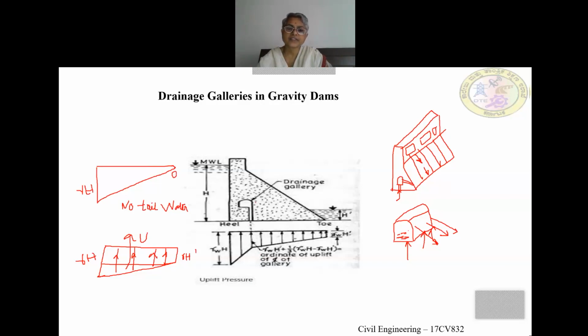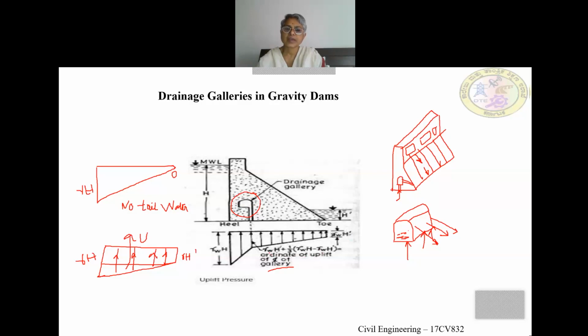But in this case, because of the presence of this drainage gallery, you can see that there is a reduction in this area, a reduction in the uplift force. So what is the ordinate of the uplift at the drainage gallery? We know this is gamma w h, and this is gamma w h dash.